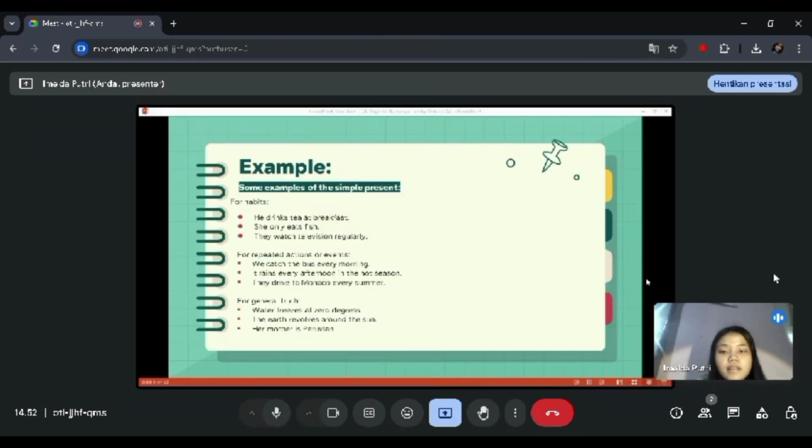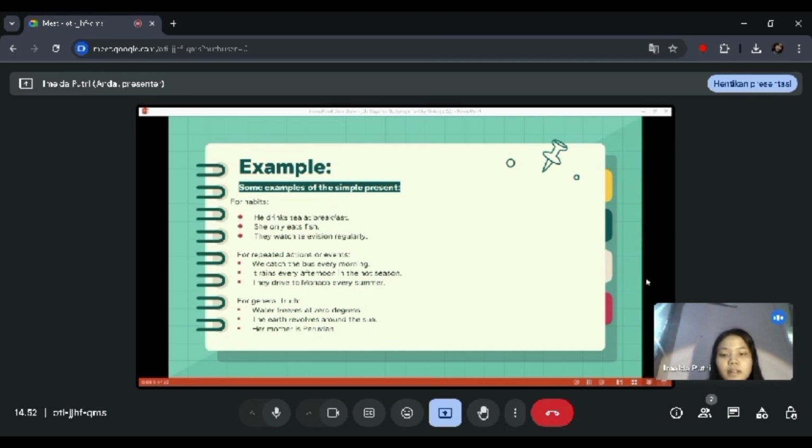Some examples of the simple present. For habits, for example, first: he drinks tea at breakfast. She only eats fish. They watch television regularly.